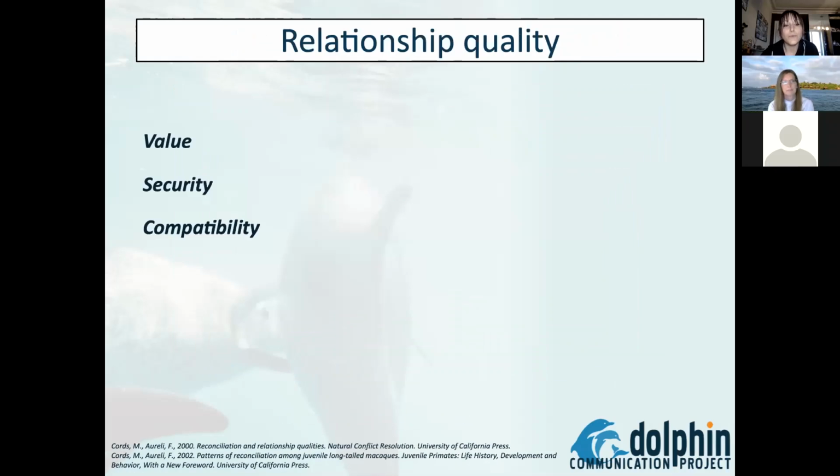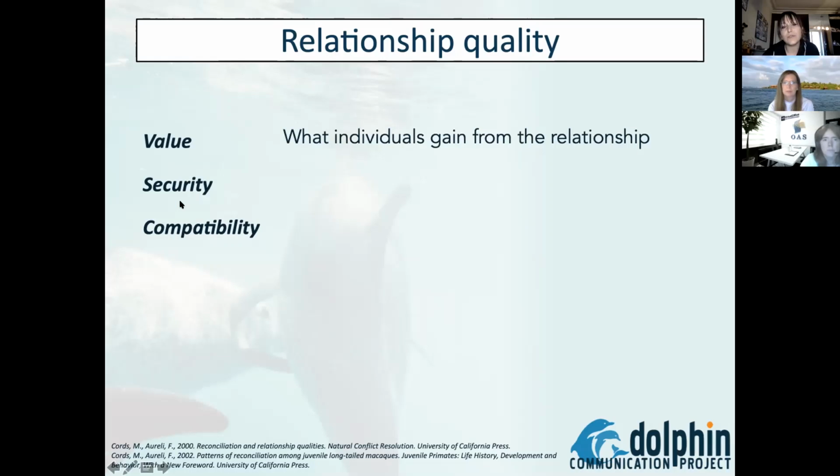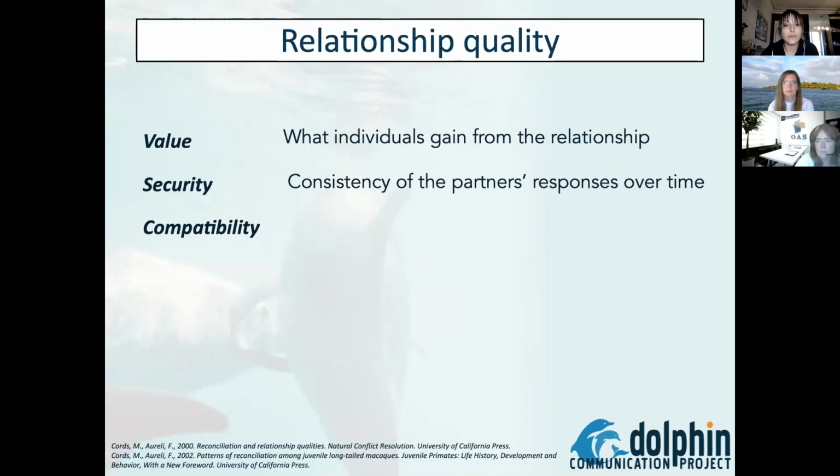Well, we can divide it in three main components: the value, the security, and the compatibility of the relationship. The value will be related to what an individual can gain from the relationship. So it will be direct benefits from the relationship. The security will be, for example, the consistency of the partner's response to each other over time.